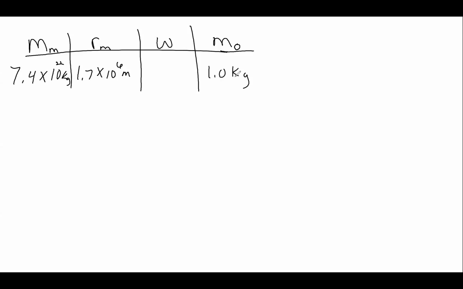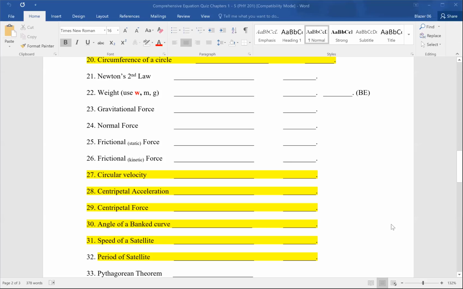Okay, now look carefully at what we have been given. And let's go back now to our equation sheet. I want you to be able to tell me how would I start solving this problem? In other words, on this sheet, there's an equation that says the very thing we're looking for. So who can tell me what that equation is?